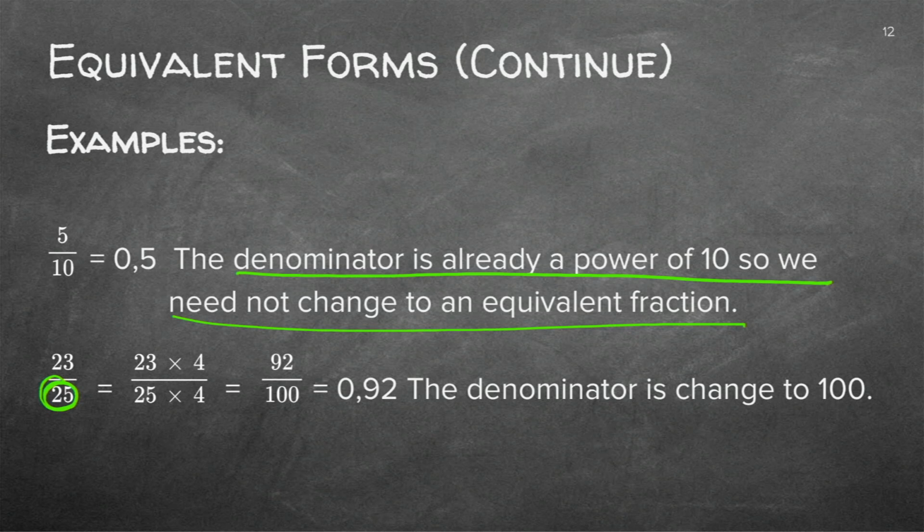Now, in order to do that, we're going to multiply that by 4 and multiply that by 4, then we can get 25 to 100. So 23 times 4 and 25 times 4 is 92 over 100. And yes, there we can do it. Remember 2 zeros, we move our decimal to 0,92. So we change the denominator to 100.